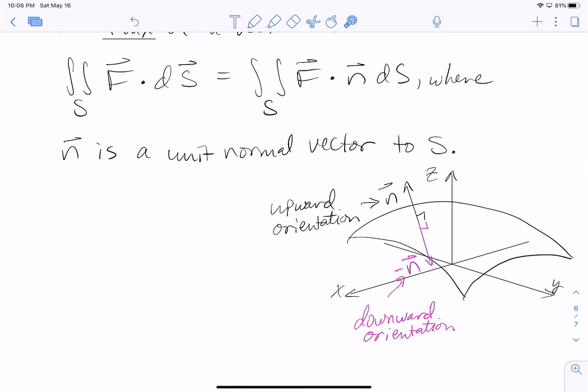In the work that we're going to do, if we do have a surface that's a function, it'll be easy to see that our normal vector has an upward orientation because the k component will be positive.